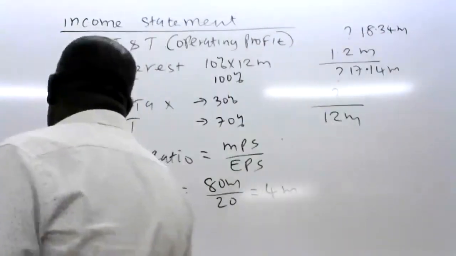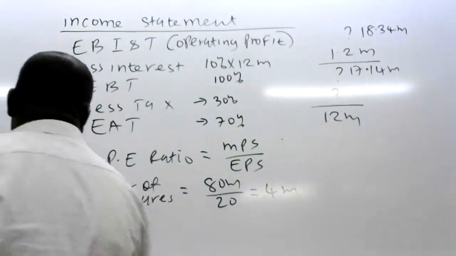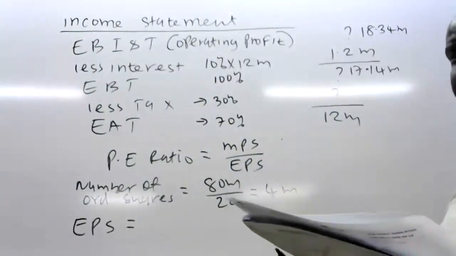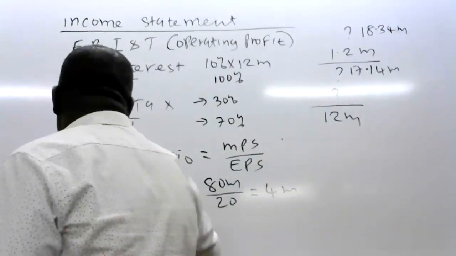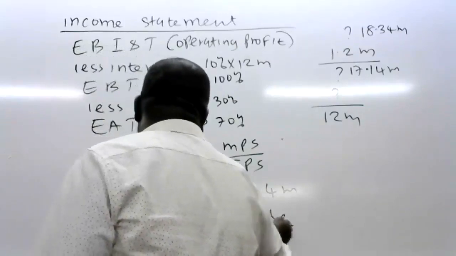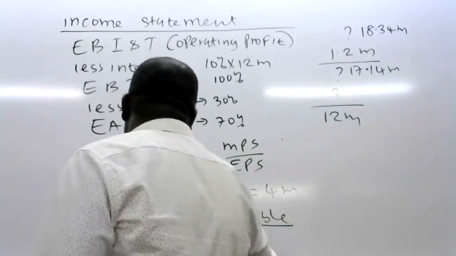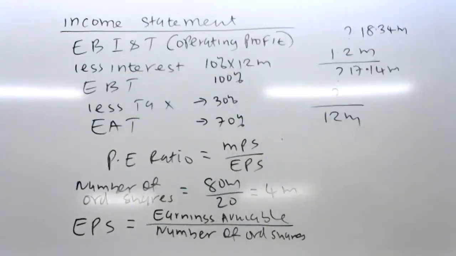Then we also compute the earnings per share. It is given by earnings available divided by the number of ordinary shares.